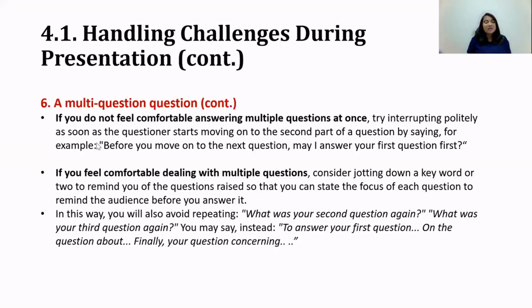In this way, you will also avoid asking, what was your second question again? What was your third question again? You may say instead, to answer your first question, on the question about, finally your question concerning, like that. Because when we ask the questioner to repeat their questions again with multiple questions, that's going to be a waste of time. So you choose. You want to receive all the questions at once or one by one?